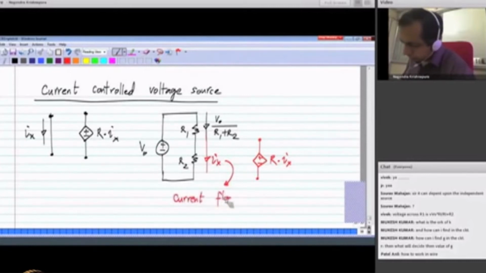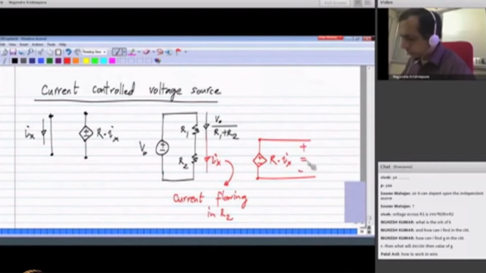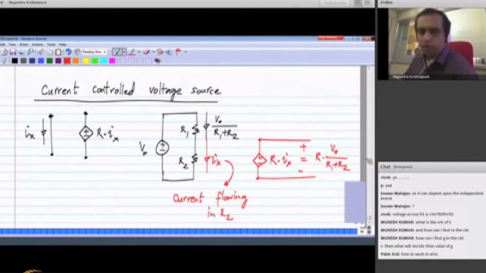What it means is then the voltage across this would be R times Ix, which happens to be equal to R times V0 divided by R1 plus R2 in this particular circuit.